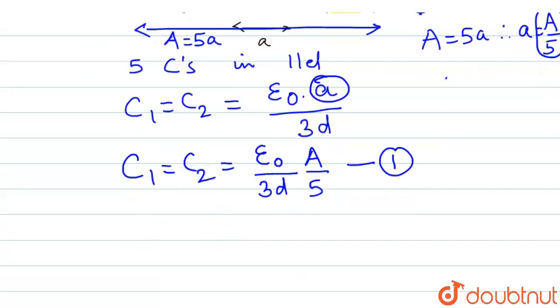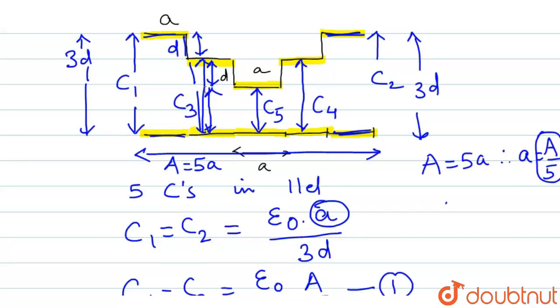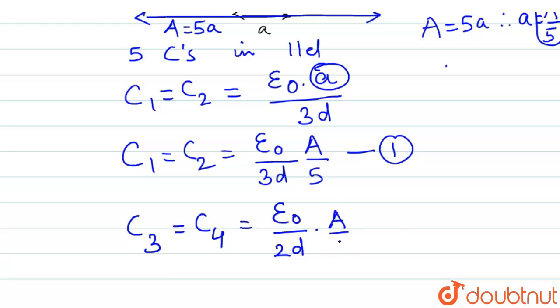Remember that these are two capacitors. Now to calculate the capacity of the other two capacitors, C3 and C4, we can see the distance between the plates and the bottom plate is 2d. Therefore, we can write again C3 is equal to C4 equal to epsilon 0 divided by 2d into capital A by 5.